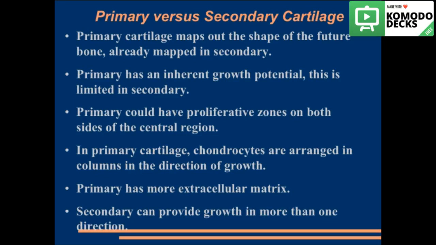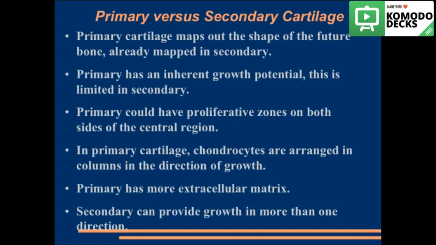Developmentally, the primary cartilage appears first, before the bone, mapping the future bone. This is inverse to the secondary cartilage, where we already have bone formed in membranes, and later on the secondary cartilage appears. The primary cartilage has an inherent growth potential, inversely to the secondary.